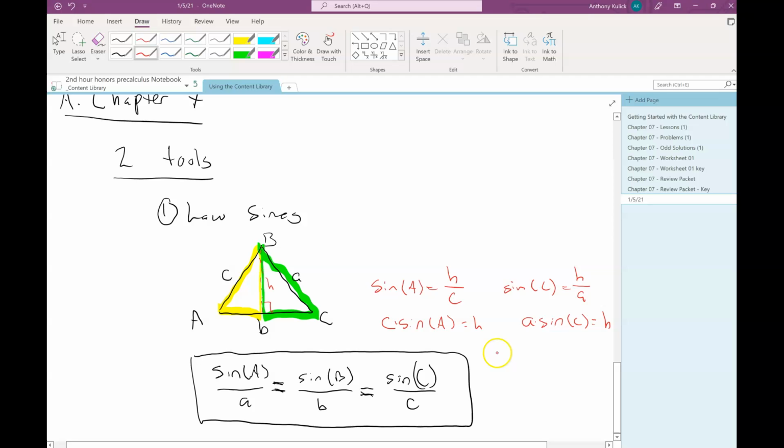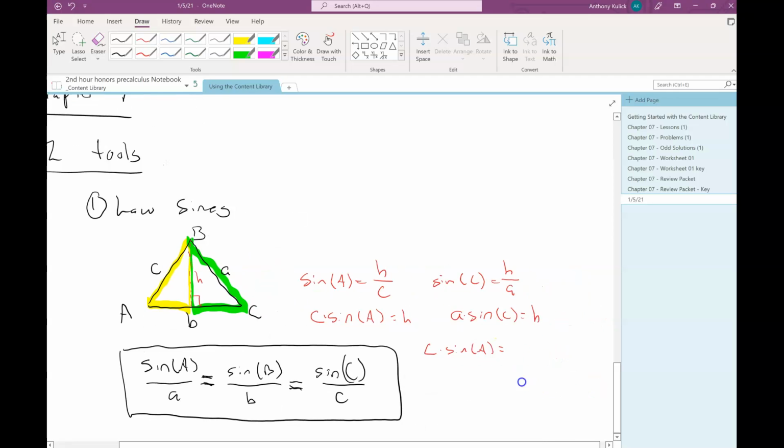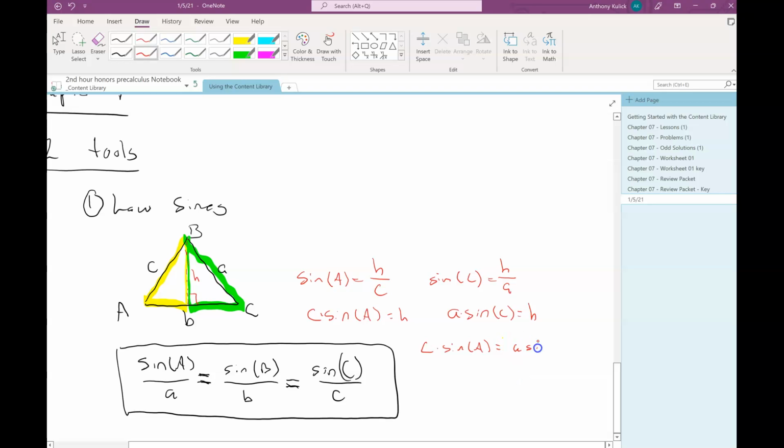Since they're now both equal to h, I can set them equal to each other. And then I can divide both sides by ac. Doing that, I'm left on the left with sine A over a, and on the right, sine C over c.